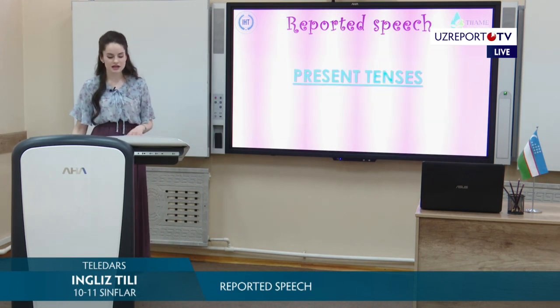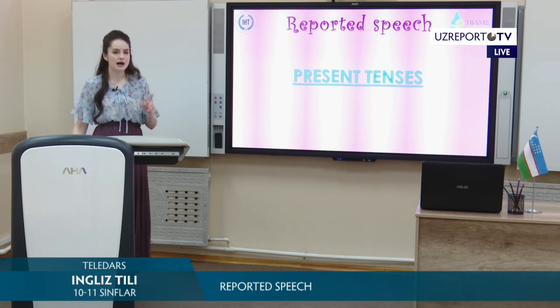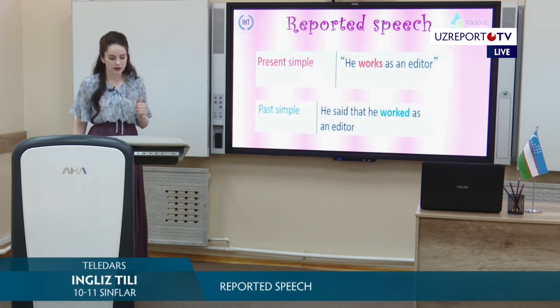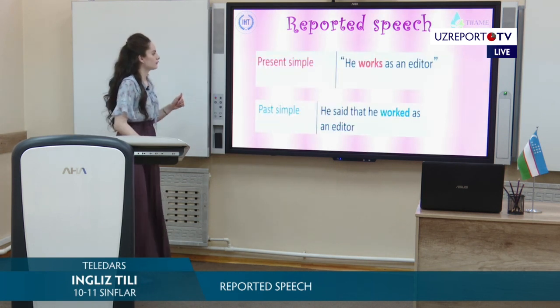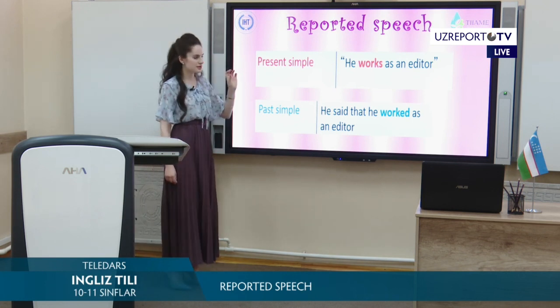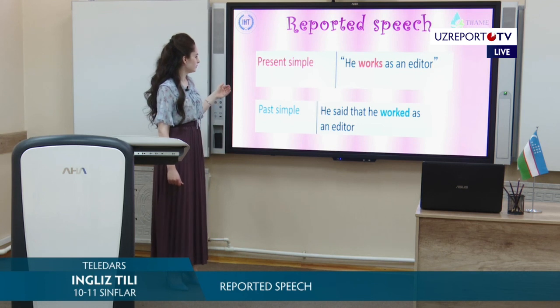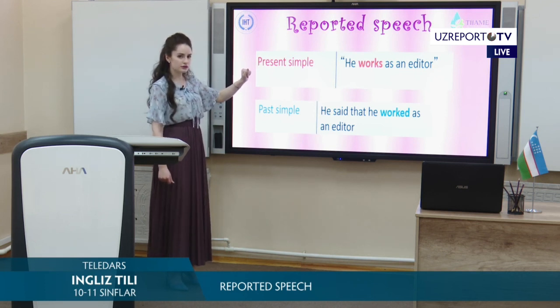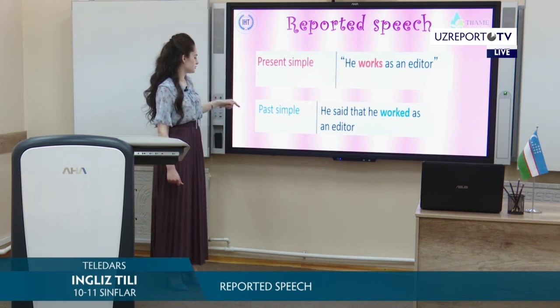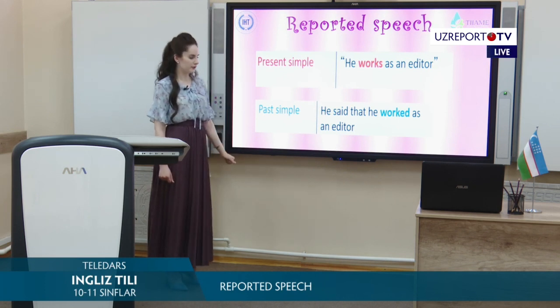Now let's look at some concrete situations. We will talk about present tenses, I mean present tenses in the subject clause. Please look. If you have present simple in your subject clause, like "he works as an editor," in our reported speech that part, the subject clause, will become past simple.